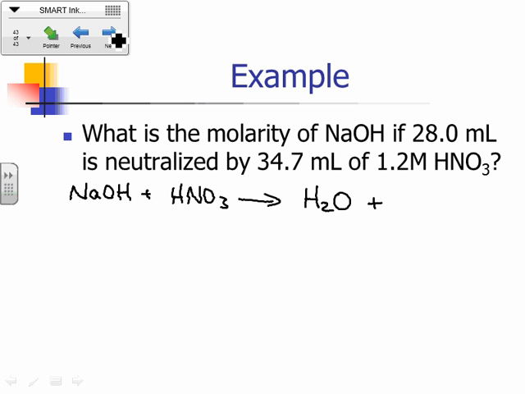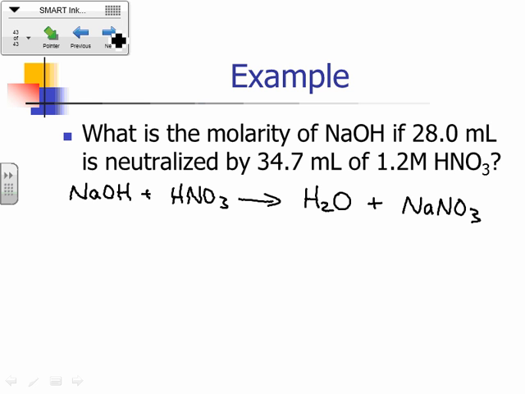You can look it up. So 1 plus and a 1 minus, it's just going to be a 1-to-1 ratio. NaNO3. Okay? Is that equation balanced? Yeah, it actually is. So that's nice. We don't have to worry about coefficients here. Most of the titration reactions that we do will already be balanced. There are a couple exceptions to that, so you just have to be careful.